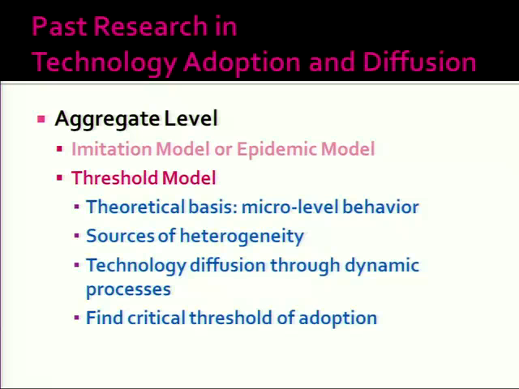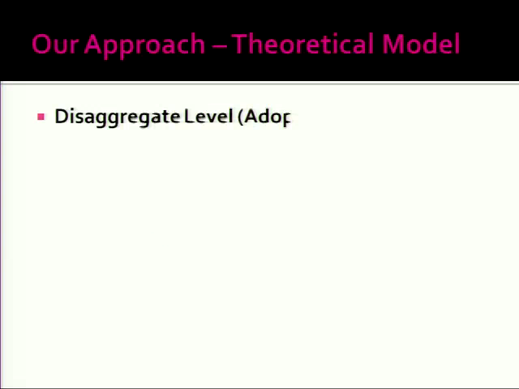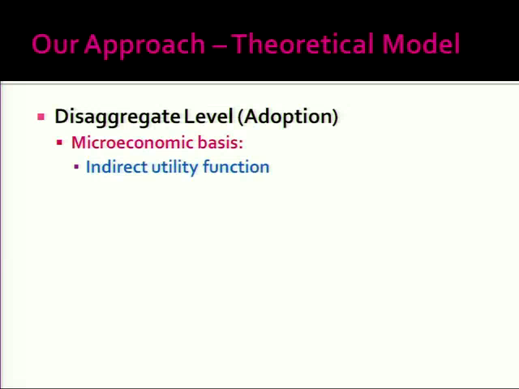Okay, so I wanted to walk you through a little bit of the model. It's theoretical, and I've eliminated all of the math from these slides, so hopefully it won't be very painful to get through. Okay, so our theoretical model approach is, on a very basic level, we want to look at, on an individual disaggregate level, who adopts what. So this is a very simple indirect utility function.